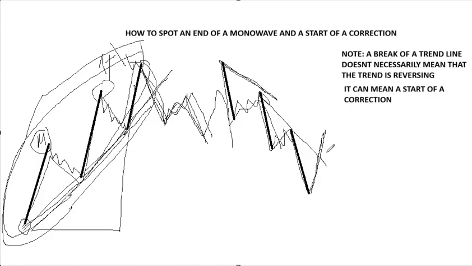So in brief, this is how we use the trend line to spot our mono waves and our trend, and understanding when the trend has ended, and understanding that since we've broken this structure here, basically we are now in a correction phase, and this correction should take a longer time than this mono wave. I hope you understand this.